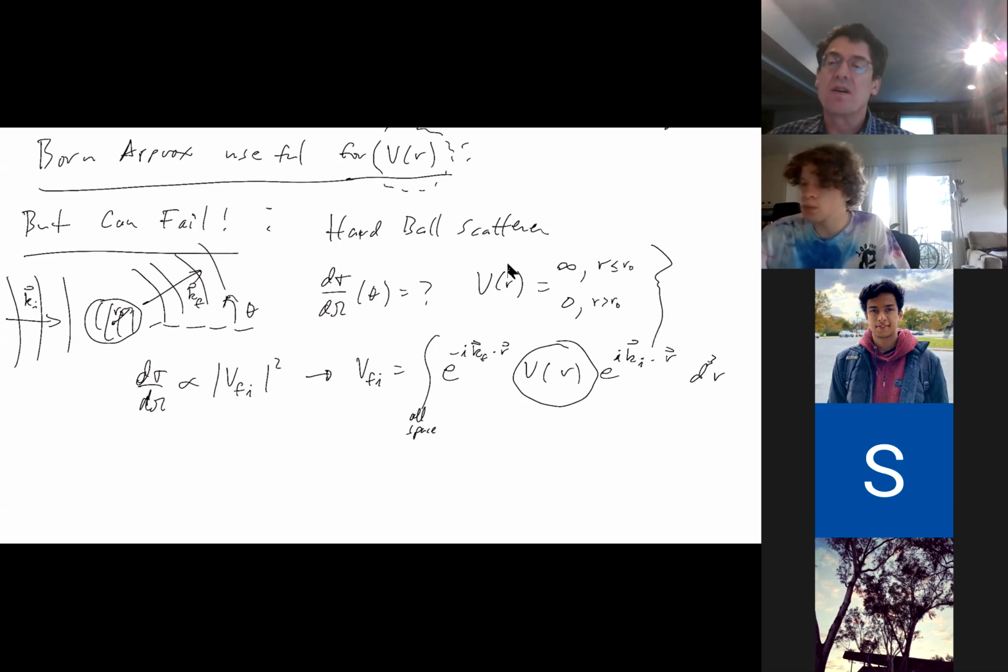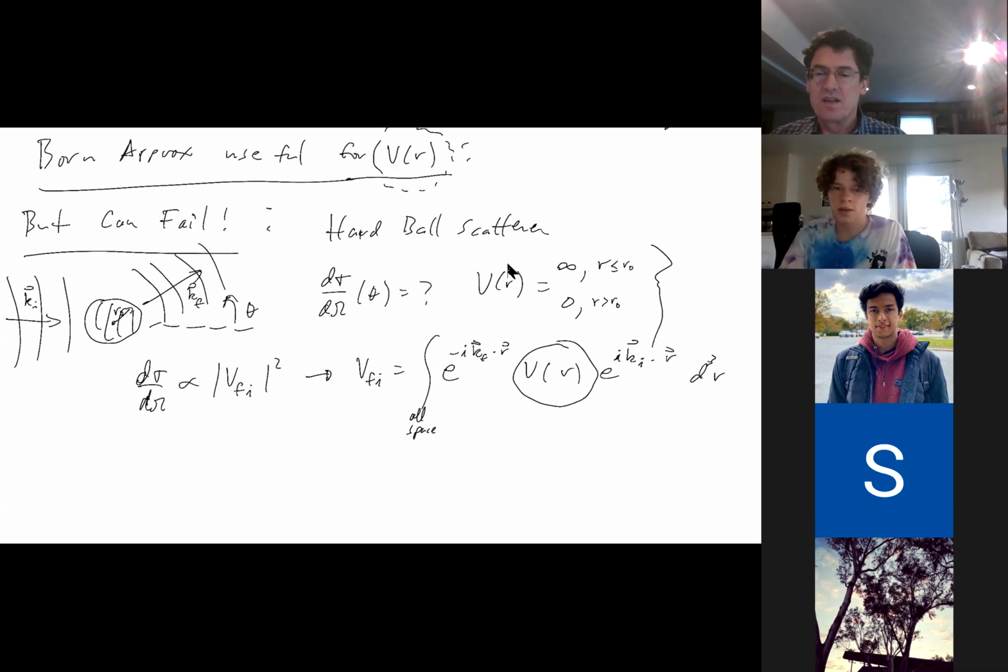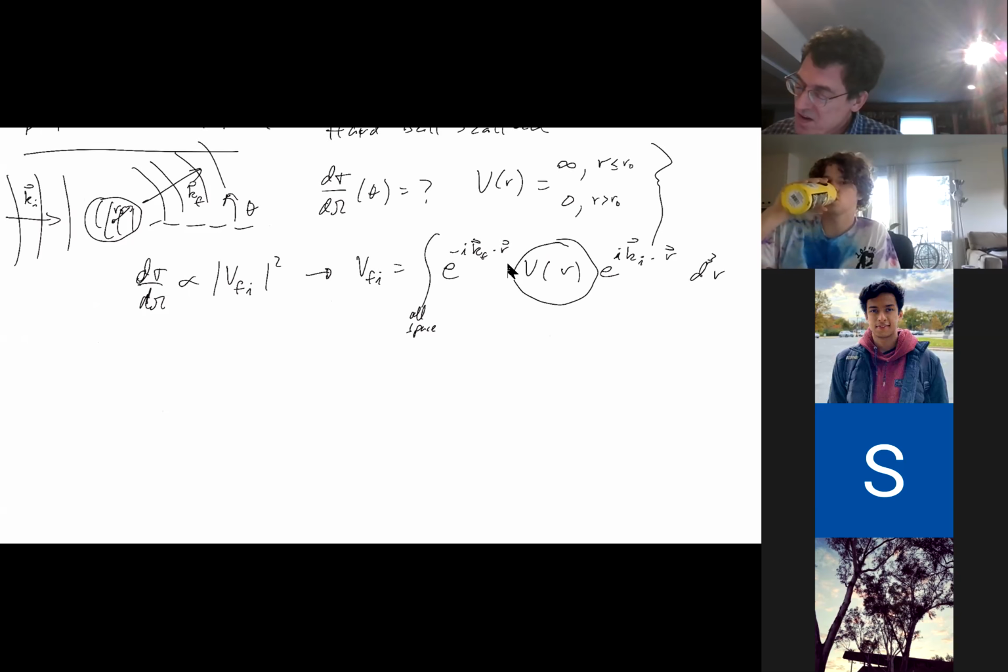Because I've got to integrate over all the space that contains the potential. So what happens when I integrate over this potential? What do I get? Somebody tell me. Is it like pi r naught squared or something else?